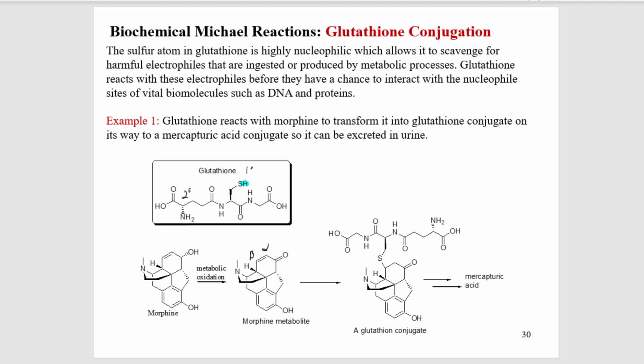So the sulfur, which is now considered a soft nucleophile, is going to do a 1,4 addition at the beta position. Then under the aqueous media, the enolate that forms collapses with a proton to put a proton at the alpha position. Once this glutathione conjugate has been made, in a few more steps, it's ready to be excreted by urine.